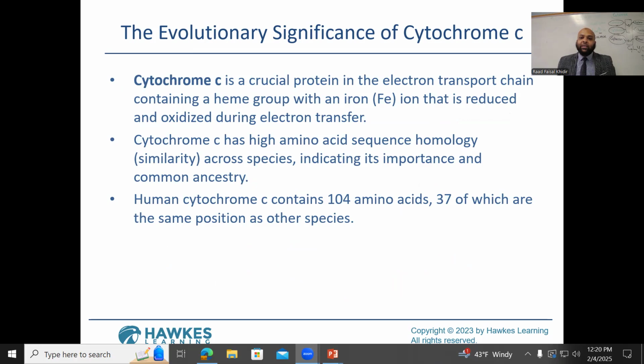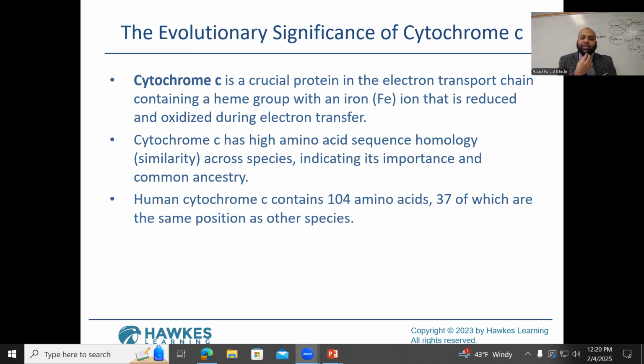Thank you. Cytochrome C is a crucial protein in the electron transport chain containing a heme group with iron that is reduced and oxidized during electron transfer.